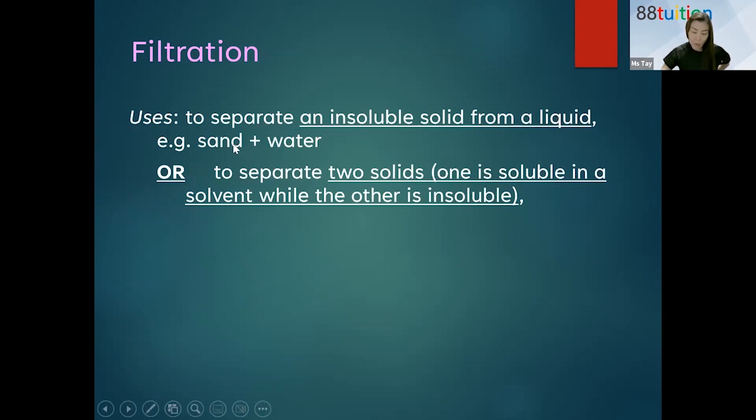For example, we want to get rid of sand from a mixture of sand and water. Or to separate two solids, one soluble, one insoluble, like, for example, sand and salt. So there are extra steps to be taken in this case in order for us to separate out the salt and the sand.